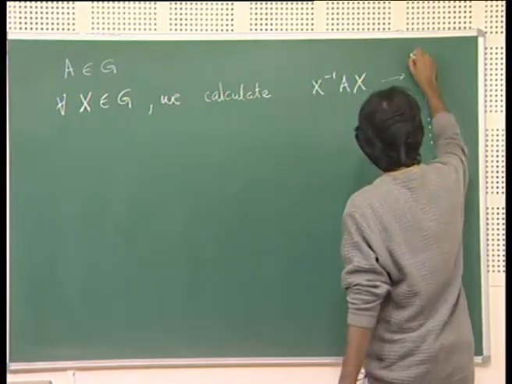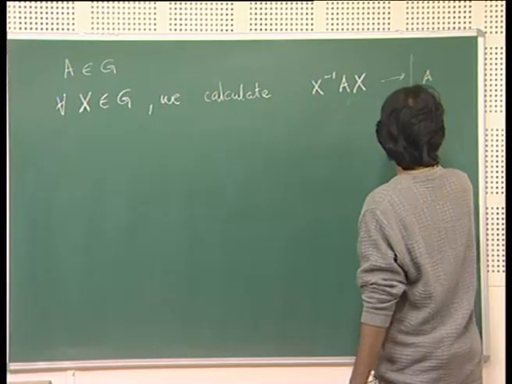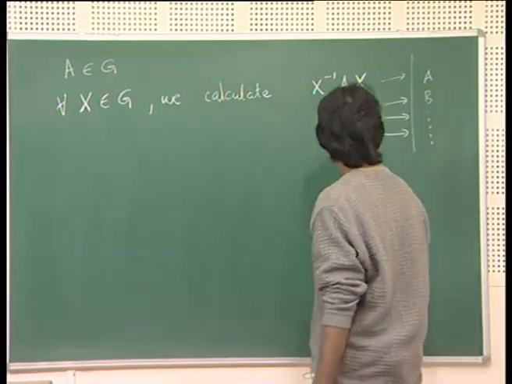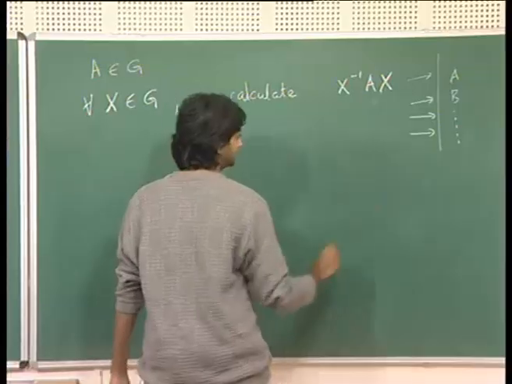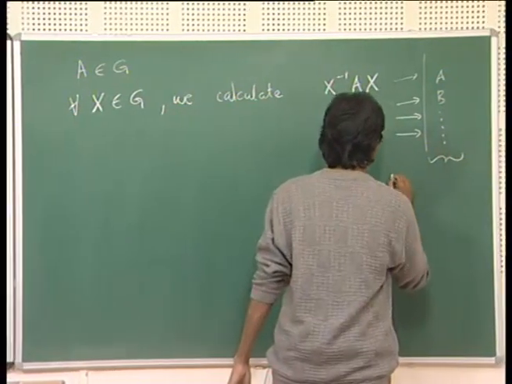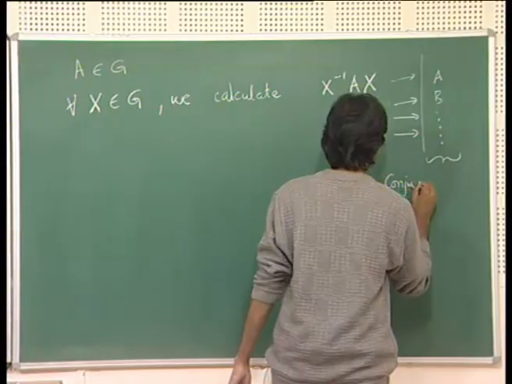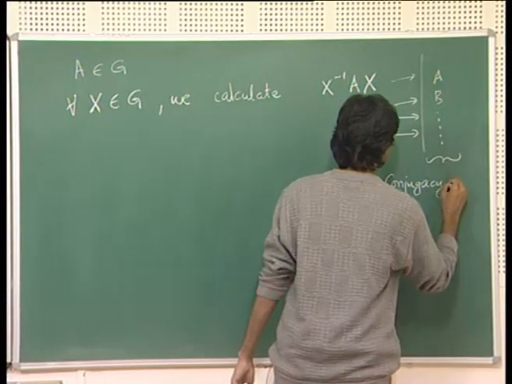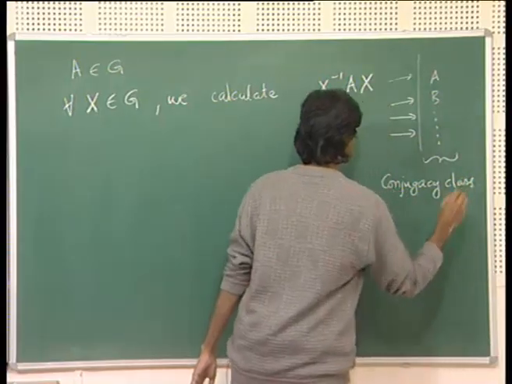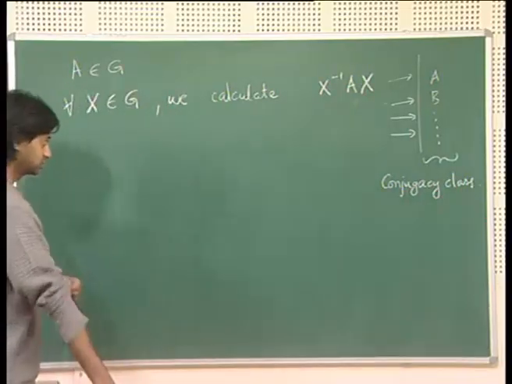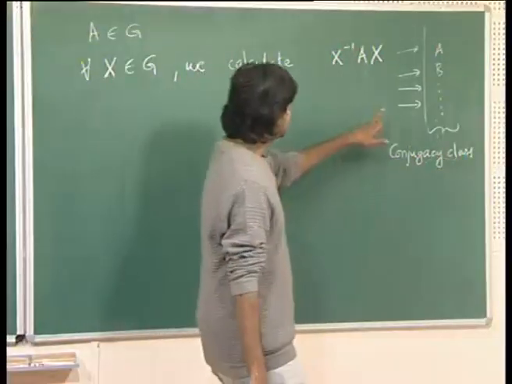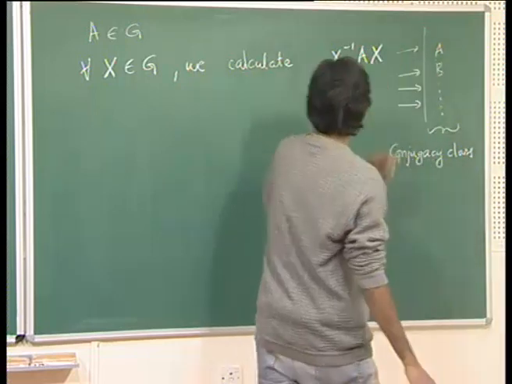But this set of elements, for different choices of X, is called a conjugacy class. So, the conjugacy class consists of all elements that are conjugate to an element.